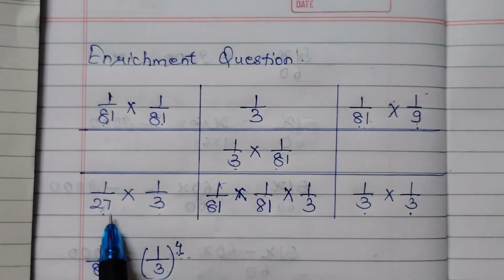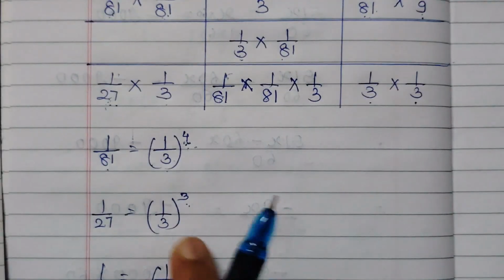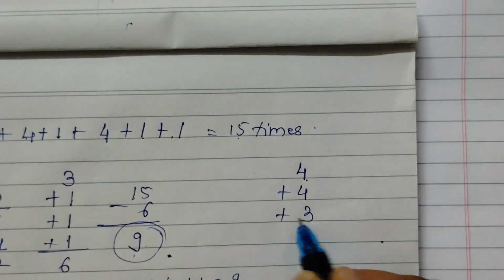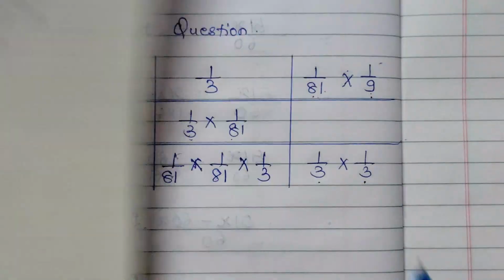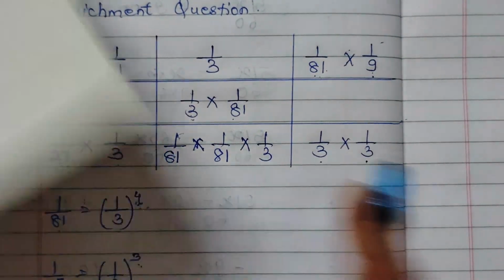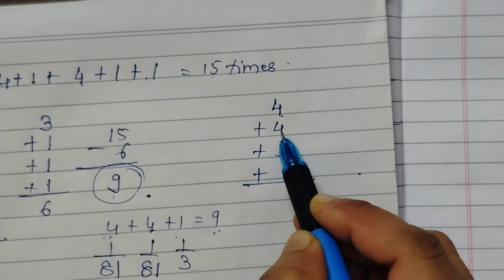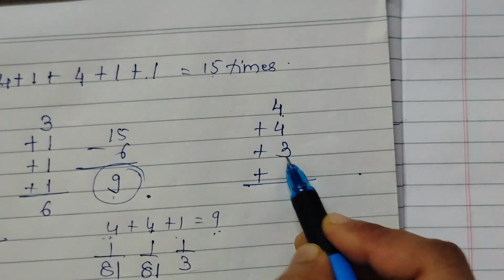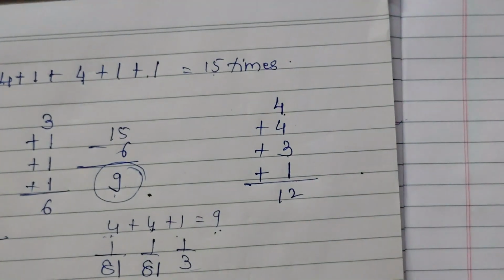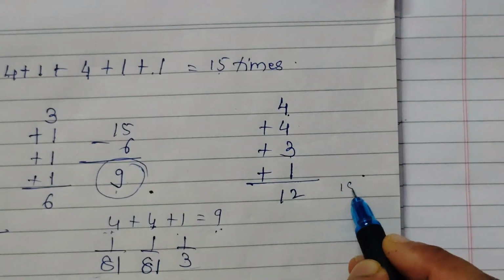Then we don't have anything here. Now 1 upon 27, how many times is it? 3 times. So I will write 3 times. Plus 1 upon 3 is 1 time. So we add 4 plus 4, 8, 9, 10, 11, 12. This is total 12 times. But we require 15 times.